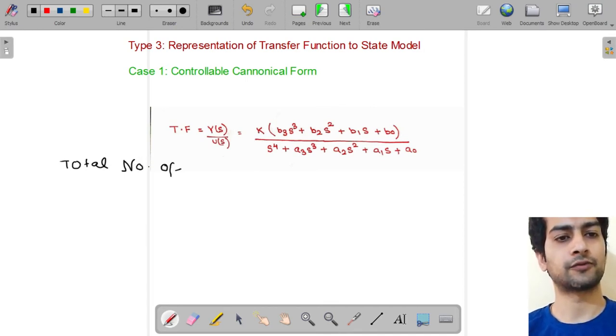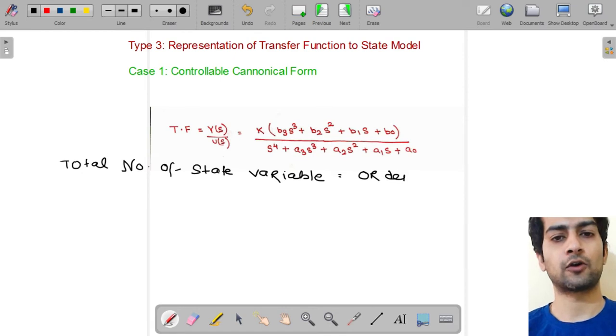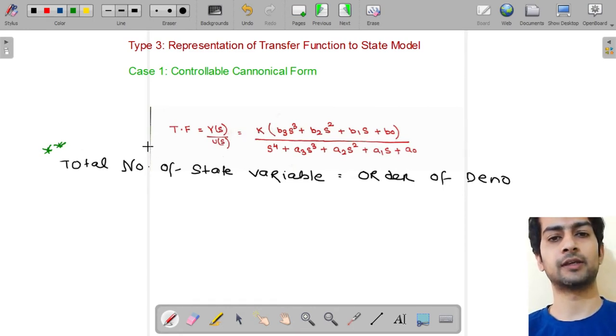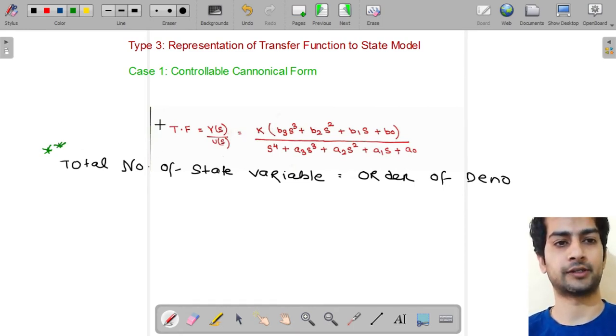Total number of state variables is equal to order of denominator.